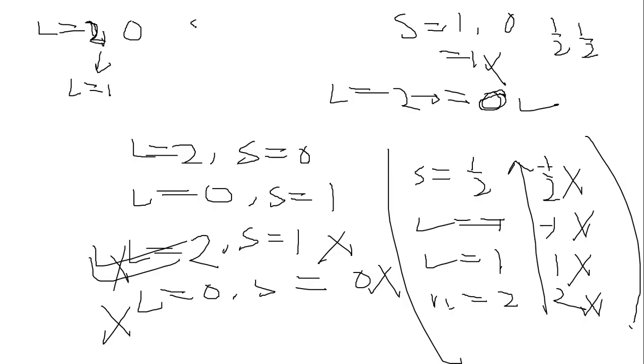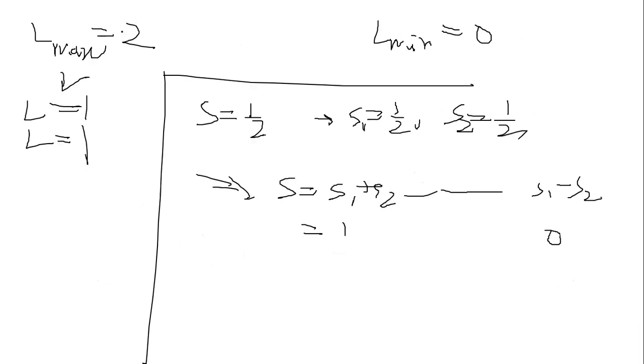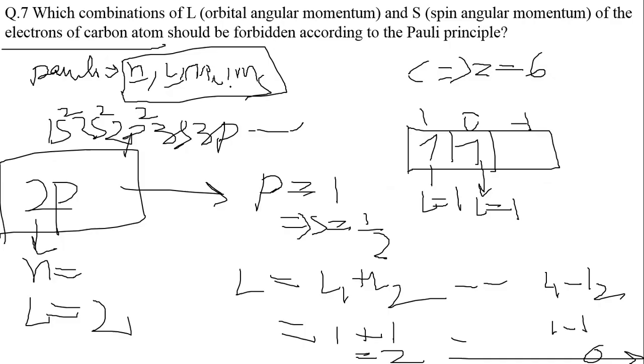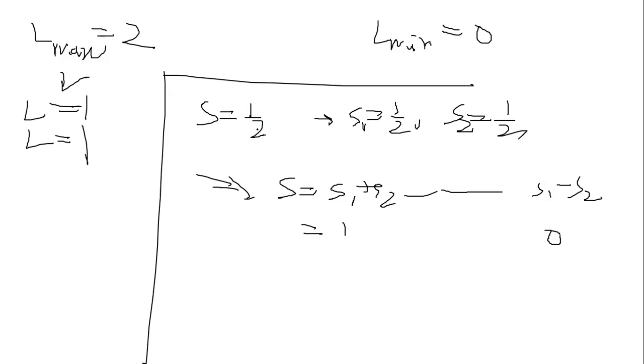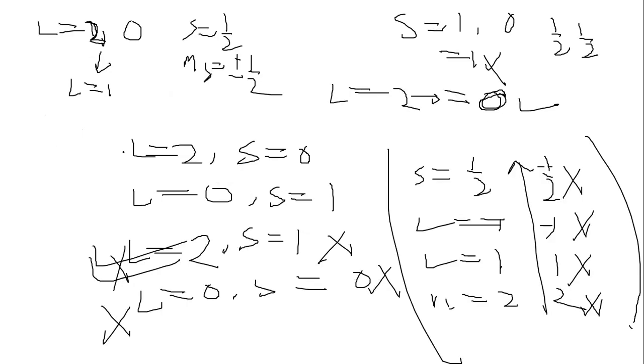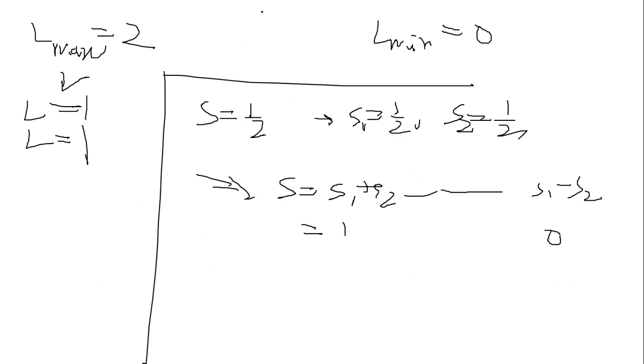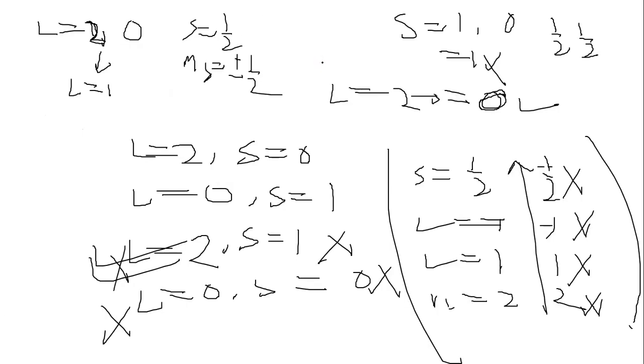For s equal to half we have ms equal to plus or minus half, and here we are considering these four quantum numbers. These 1 and 1 are nothing but the ml values, because for l equal to 1 the electrons are present in the cell of ml equal to 1.